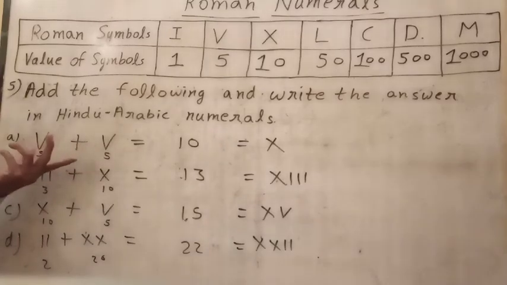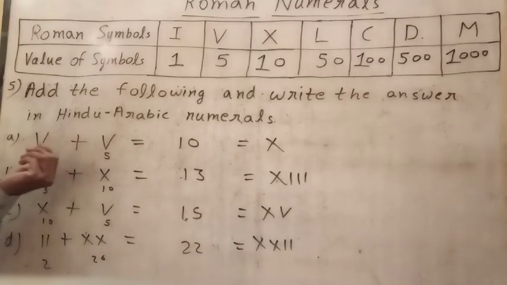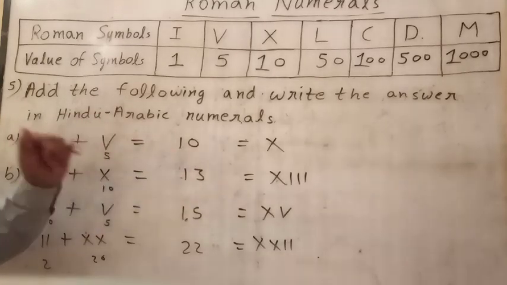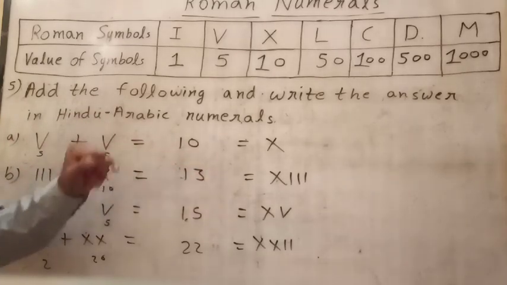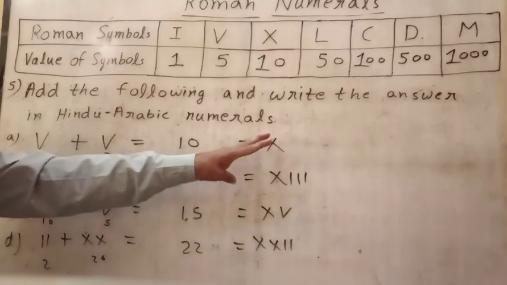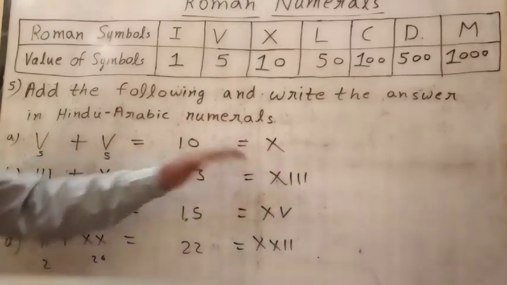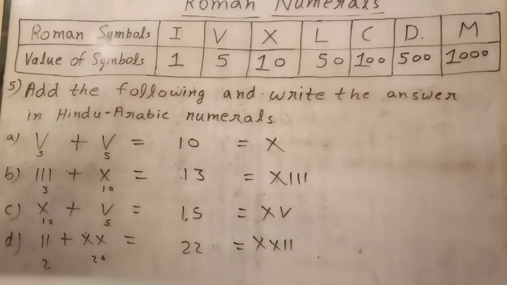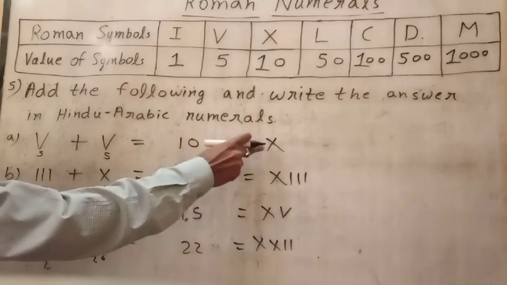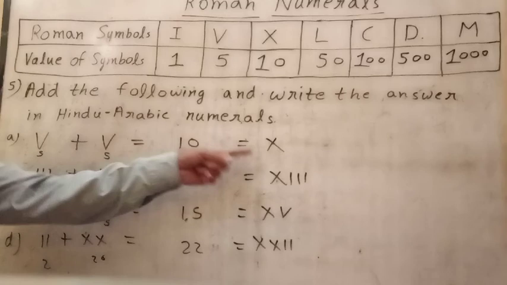Here Roman symbols are written, and what we have to do? We have to add and write the answer in Hindu Arabic numerals. I have written this also so that you can easily understand the correct Roman symbol for the particular sum. Value of V 5, value of V 5, 5 plus 5, 10, and X is the symbol for 10.